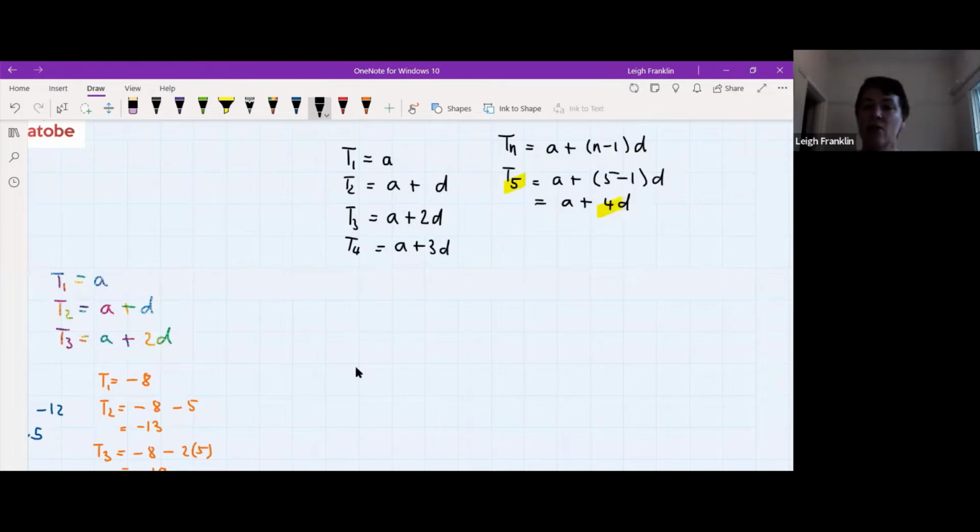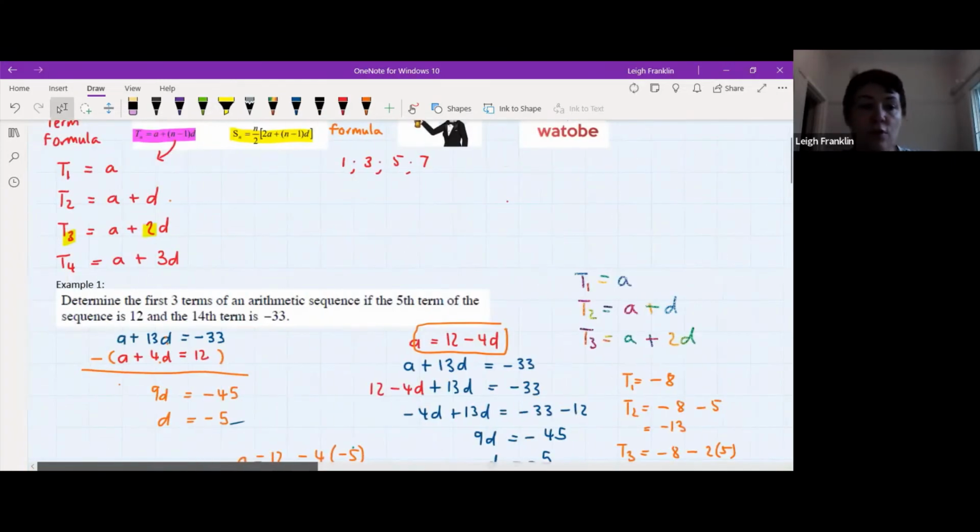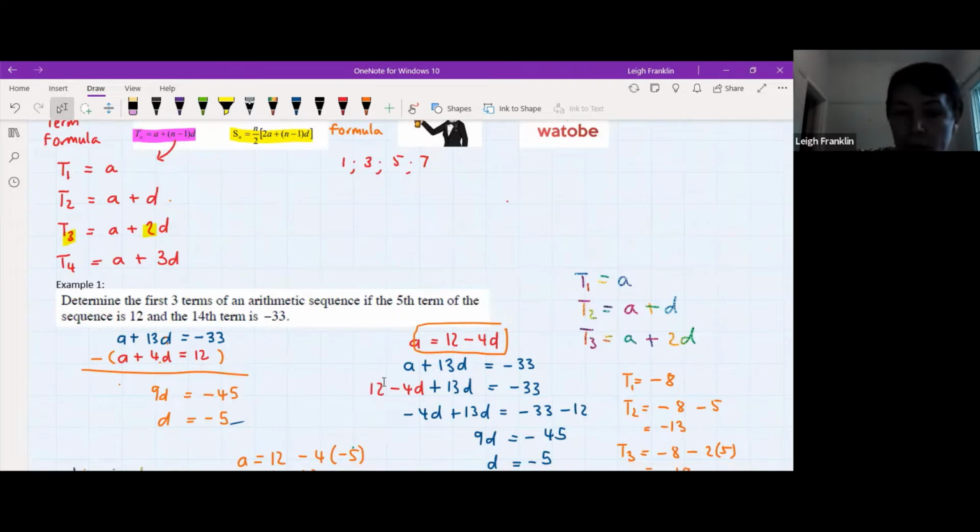Does that make sense now, Renewa? Yes, ma'am. Okay, so we're just subbing into our term formula. So you need to know that off by heart. Whenever you see a question like the one that we've just done, that means that they're asking you to solve simultaneously and they want you to work in terms of A's and D's. Okay.